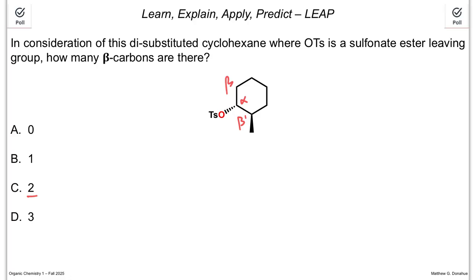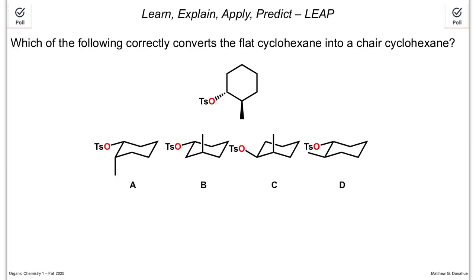One's a methylene and one's a methyne. So if we want to convert that flat cyclohexane into a chair, which chair is the best representation of that?